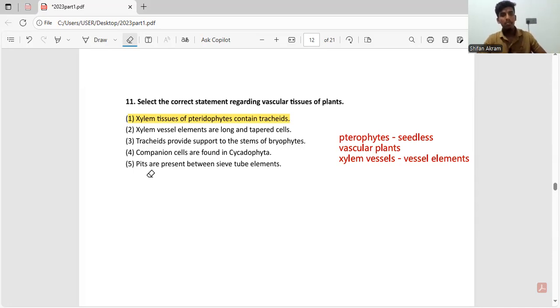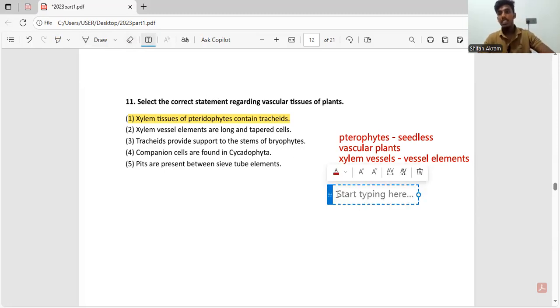Then the fourth statement, companion cells are found in Cycadophyta. Another thing to learn here. Cycadophyta is a gymnosperm, right? In gymnosperms, they don't have the vessel elements and the companion cells.